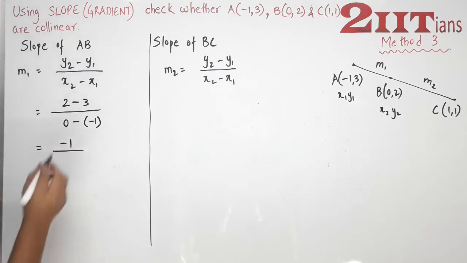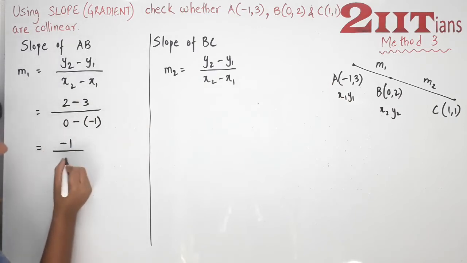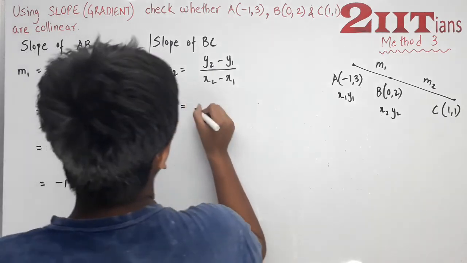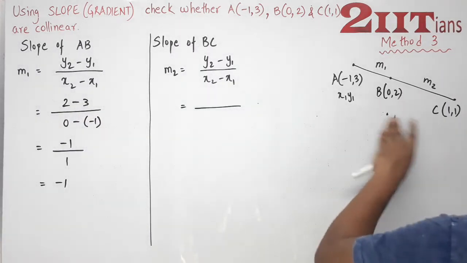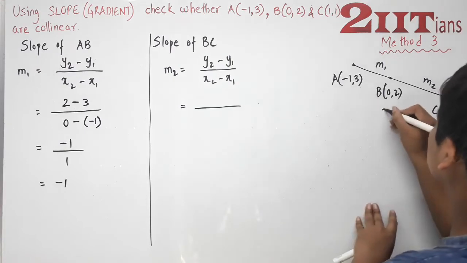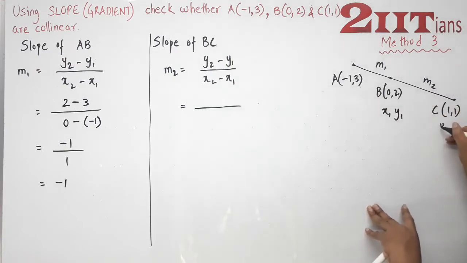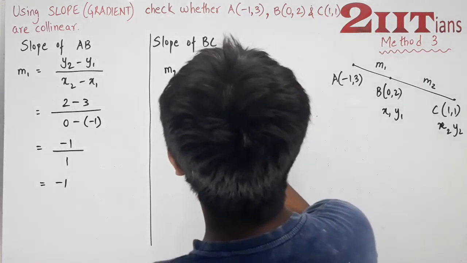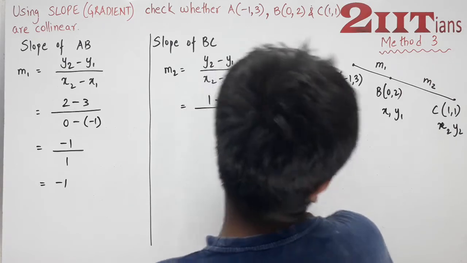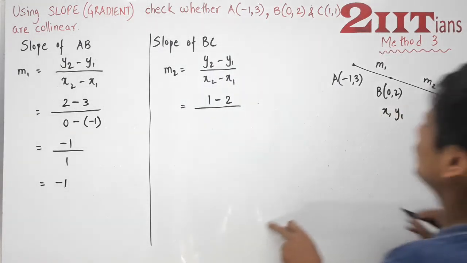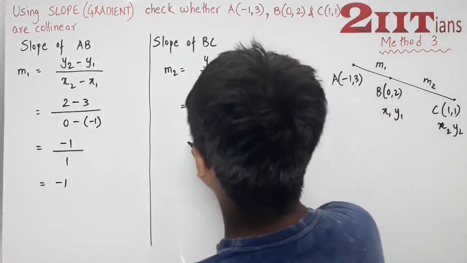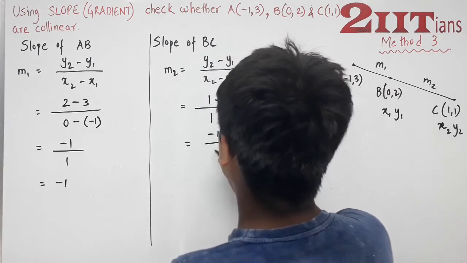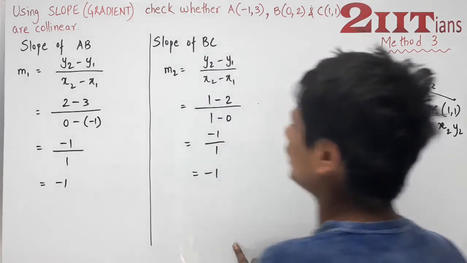Minus 1 over 0 plus 1, which is plus 1, so this gives us minus 1. Again M2. This time we will shift. This is X1 Y1 and this is X2 Y2. Okay, Y2 minus Y1 will become 1 minus 2, X2 minus X1 will become 1 minus 0. This is minus 1 divided by 1, again minus 1.